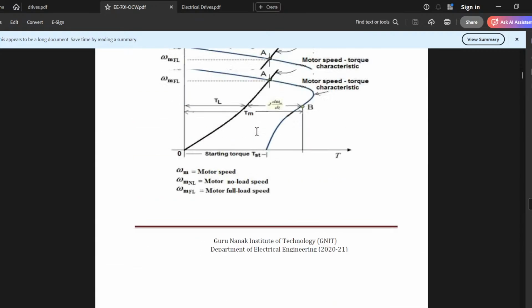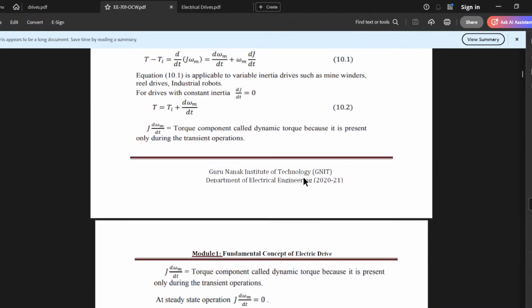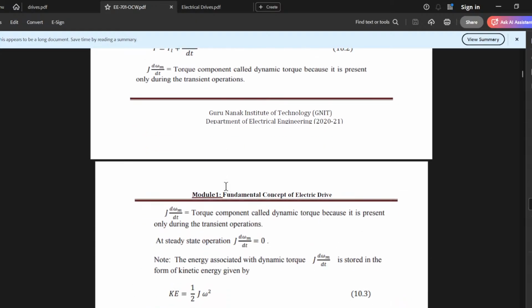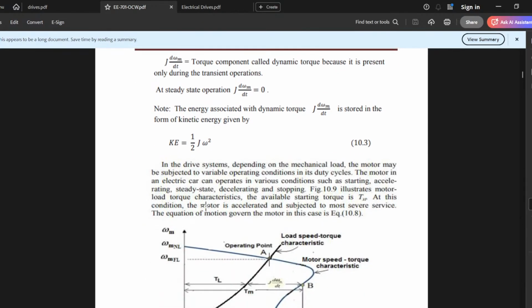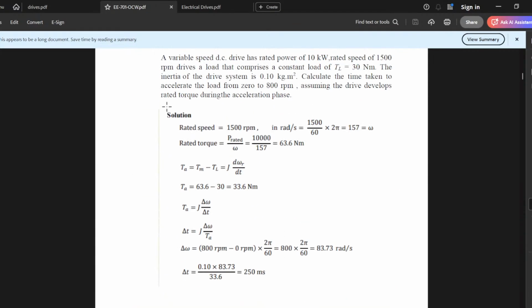So for transient, T is equal to TL plus J times the derivative of omega.